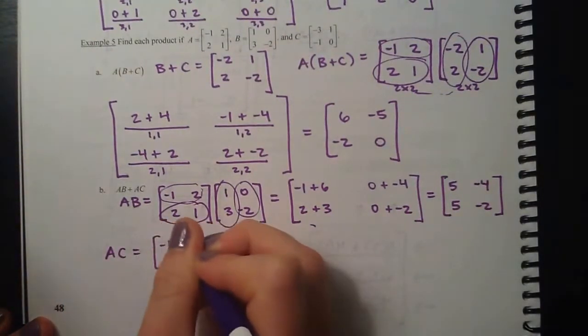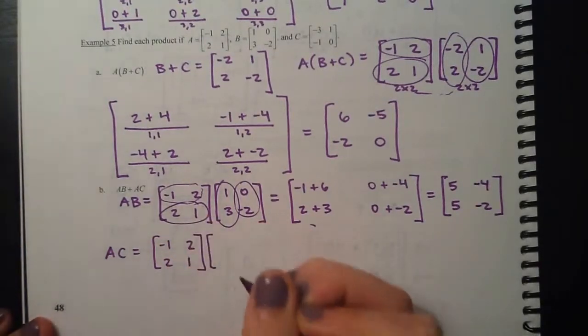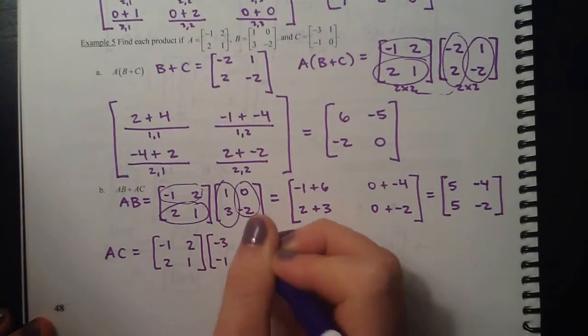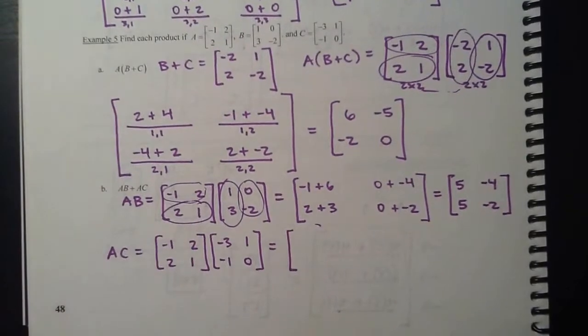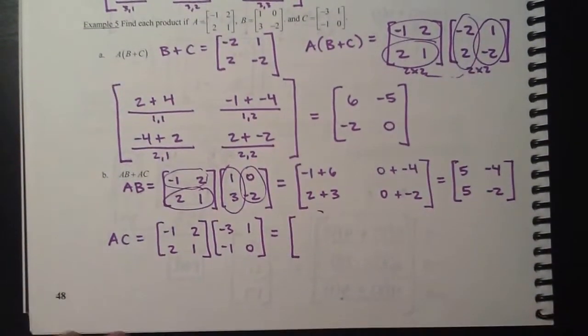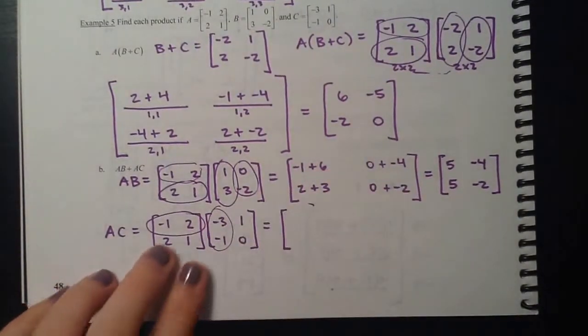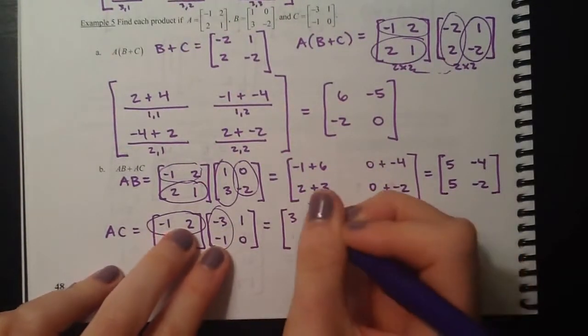Okay, so again, here's A. And I will copy down C: negative 3, 1, negative 1, 0. Okay, so again, I know I'm going to get a 2 by 2 matrix, and we can go through this fairly quickly. So this first spot is row 1, column 1: negative 1 times negative 3, 2 times negative 1.